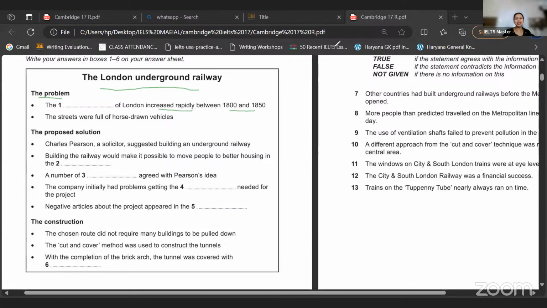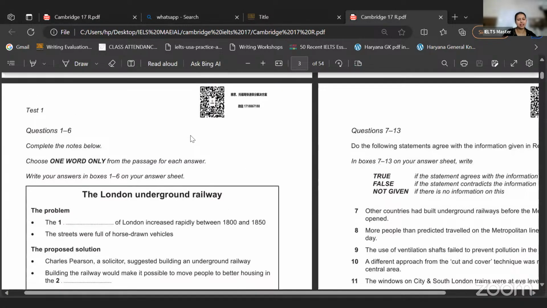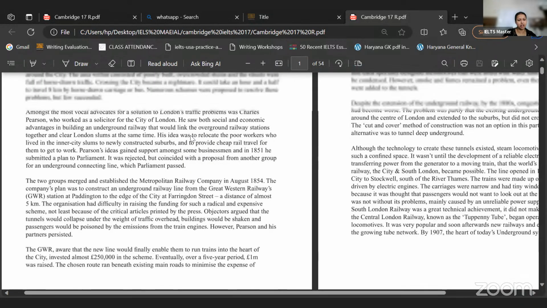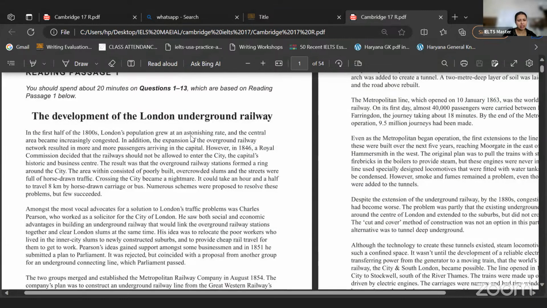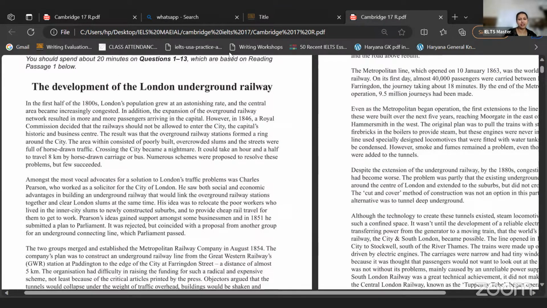Increased rapidly. What is increasing rapidly? You will be checking this in the paragraph when you check these sentences: 1800 and 1850, London Underground. So where has it been given? 1800 is given here.